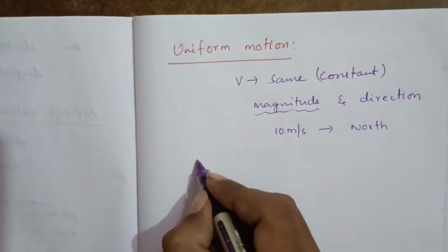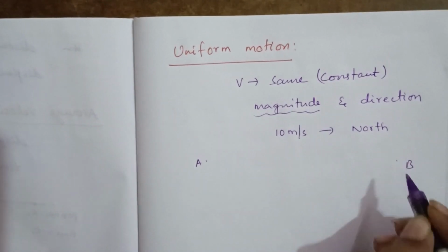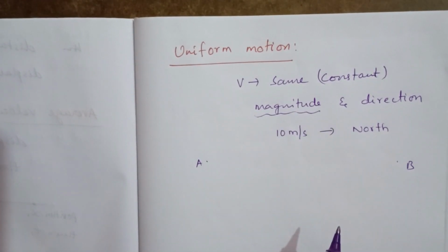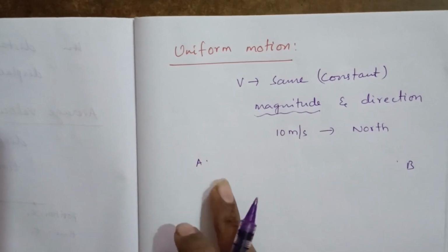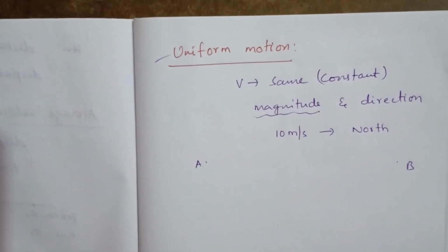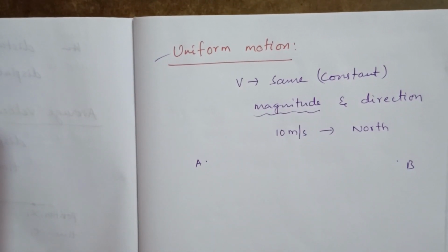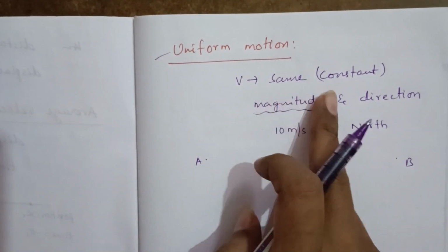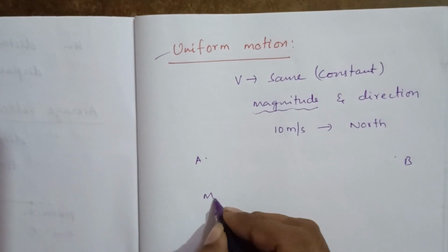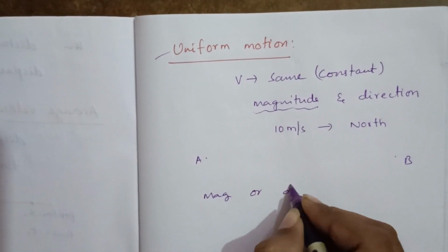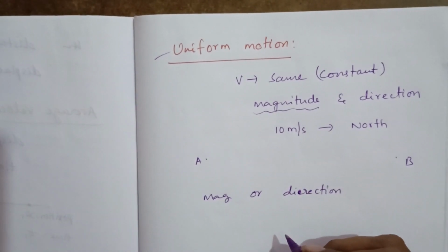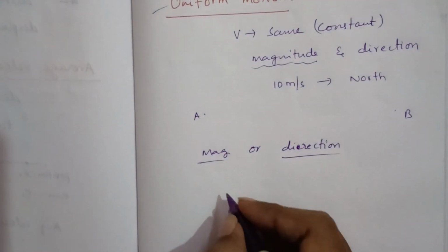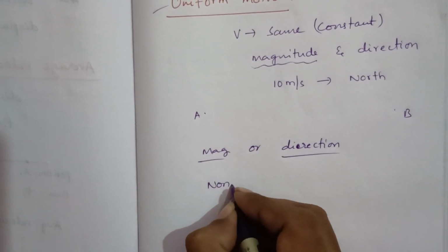For example, from point A to point B, for the entire journey, it has the same velocity, no change. Then its motion is known as uniform motion. Now if velocity changes, either in magnitude or direction, this motion is non-uniform motion.